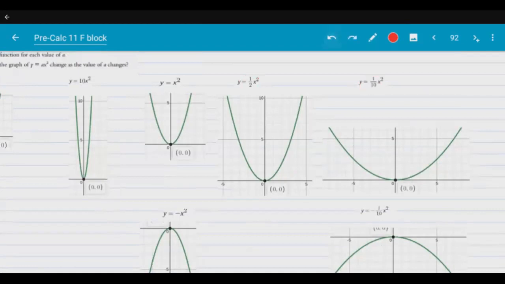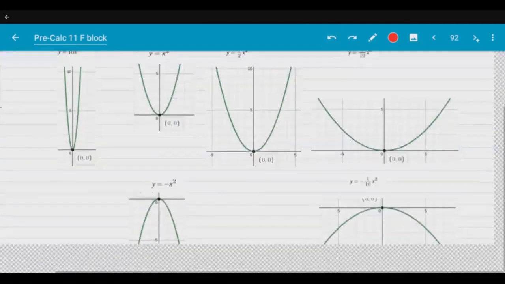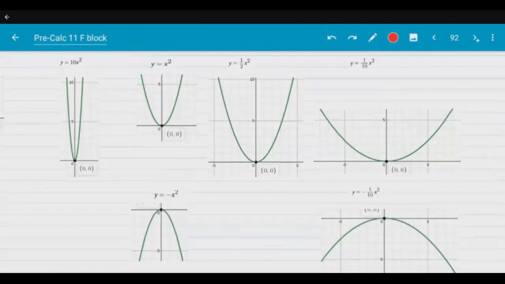Now, if it's a combination of a negative and a fraction, all you need to do is think about the wider version of y equals x squared and then flip it over, as you can see here. So y equals negative 1 over 10x squared is just y equals 1 over 10x squared, which is a wider version of y equals x squared, and then it's flipped over.